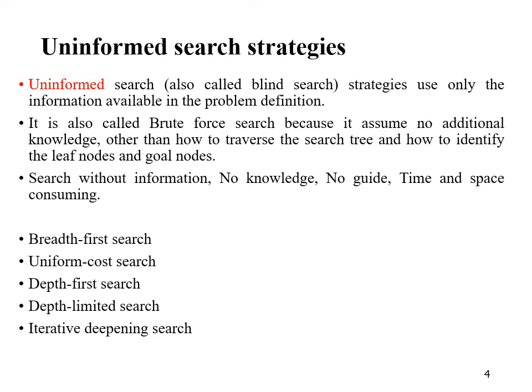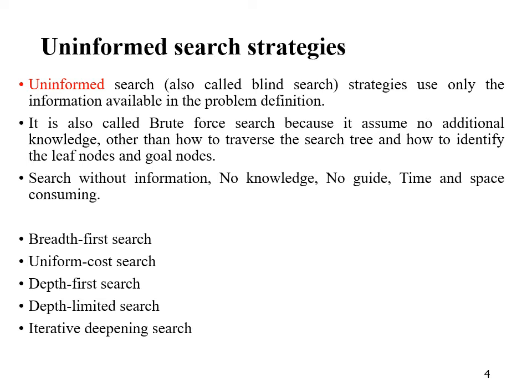For example, take the traveling salesman problem, and suppose we solve it using an uninformed search strategy. According to the traveling salesman problem, there is one city. From that city, the traveling salesperson has to visit all the cities by the minimum cost path and return to the starting city.